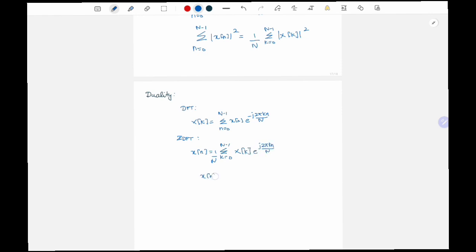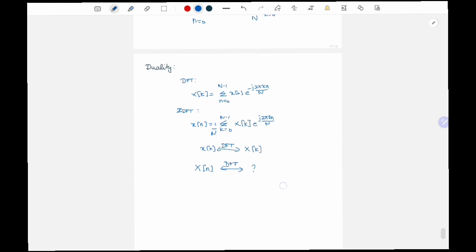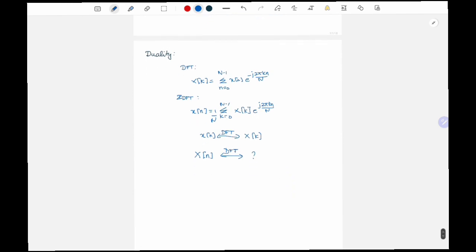So your x of n, if you take a DFT, you get X of k. But if you use this X of k as a sequence and then try to get its DFT, what will you get in terms of x of n, how is it related? So that is what we want to see.